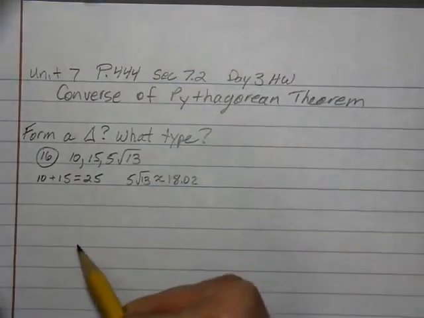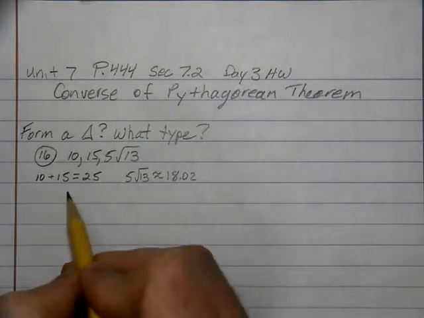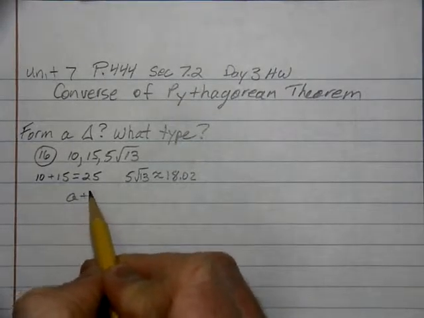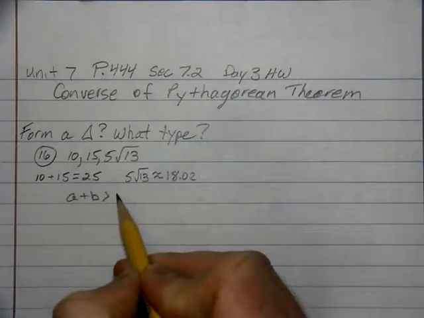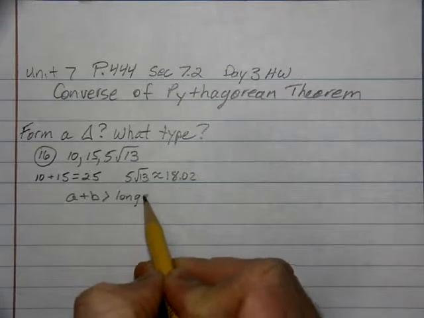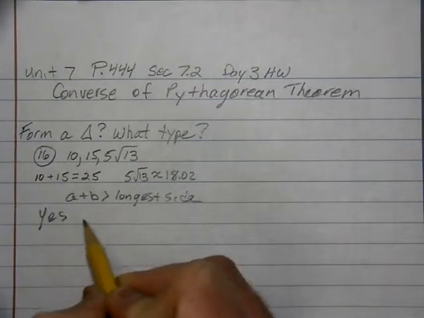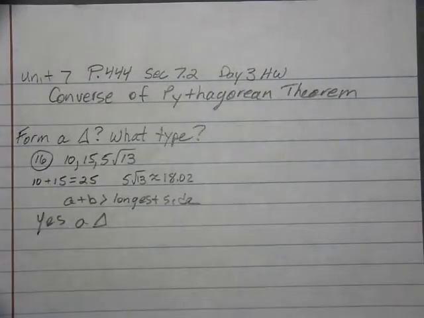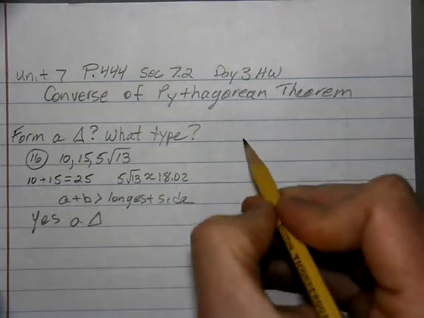So 25 is bigger than 18.02. So in other words, A plus B is bigger than the longest side. So yes, a triangle.